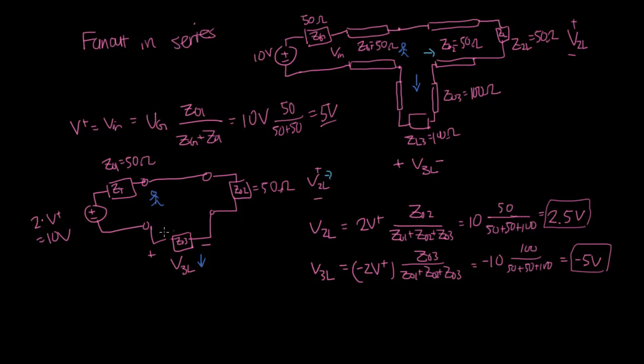And so this 5 volts here is going to be the value of the wave that goes that way, and this 2.5 volts here is going to be the value of the wave going this way.